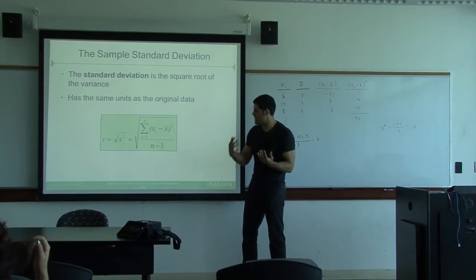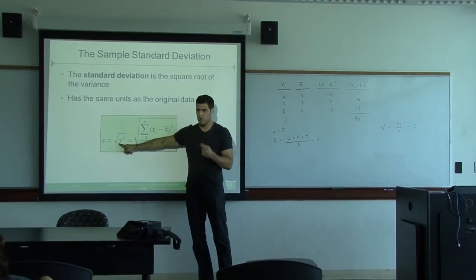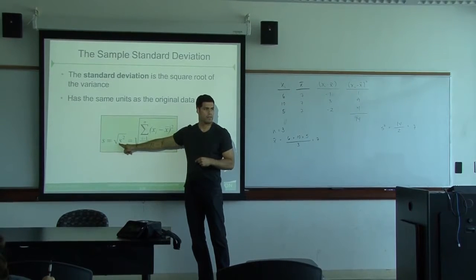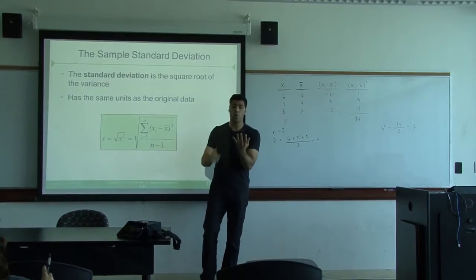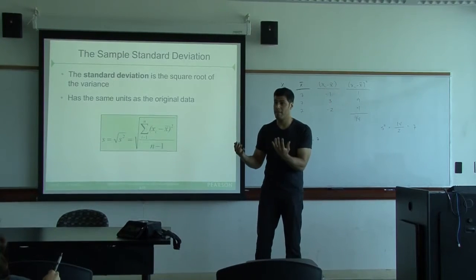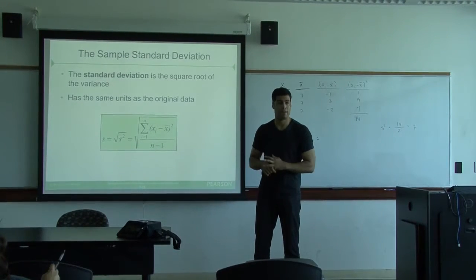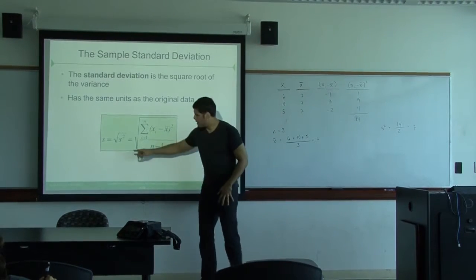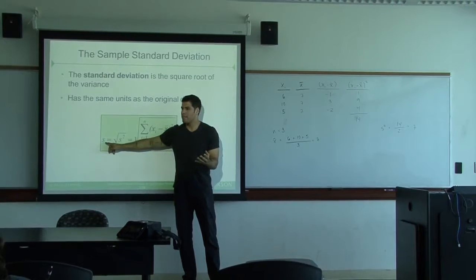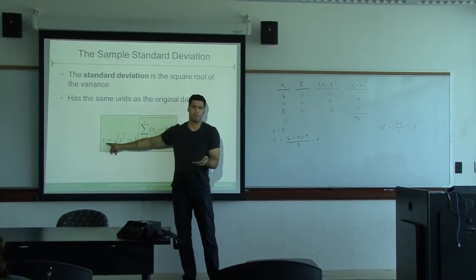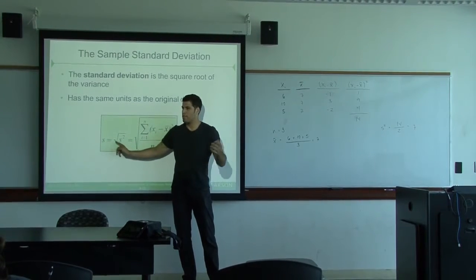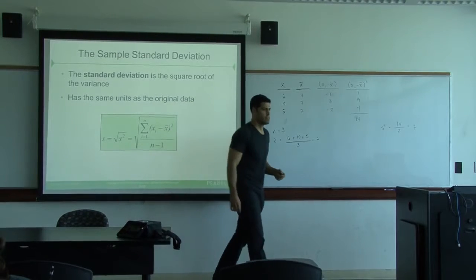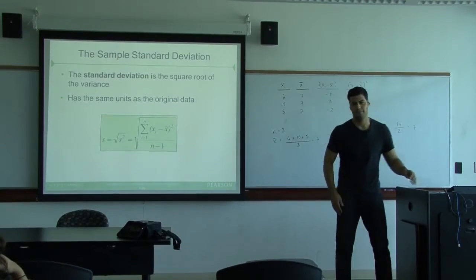The standard deviation is the square root of the variance. That's it. So if you can get to the variance, then you're one computation away from the standard deviation. Just take the square root of it. So what is the label for the sample standard deviation? S. Of course, right? It works out perfectly. Square root of s squared, s.